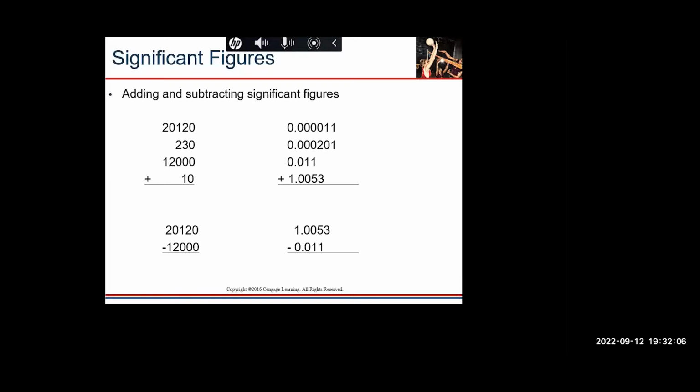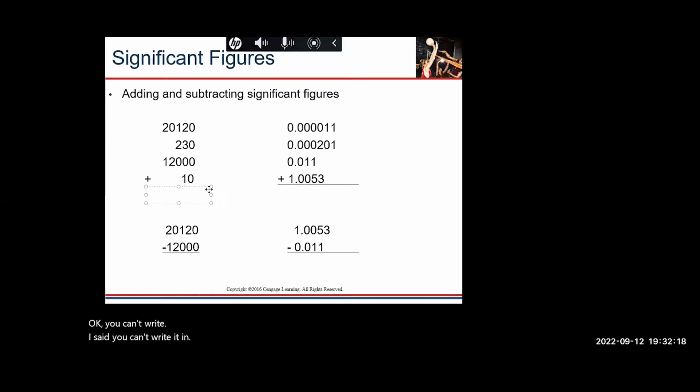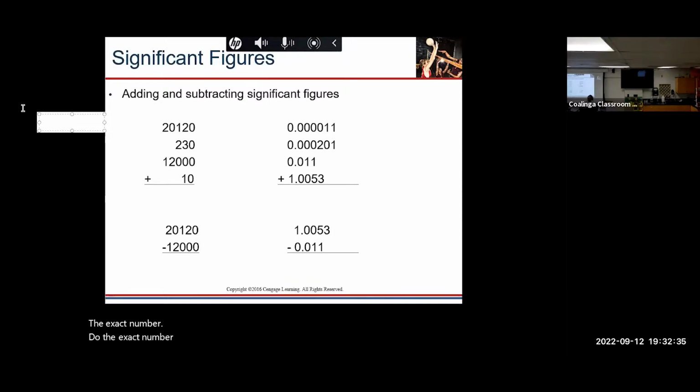It's 32,360. You can't write it in? Oh, okay. One sec. The exact number or the number with the significant figures? Do the exact number and then show me where the figures are.